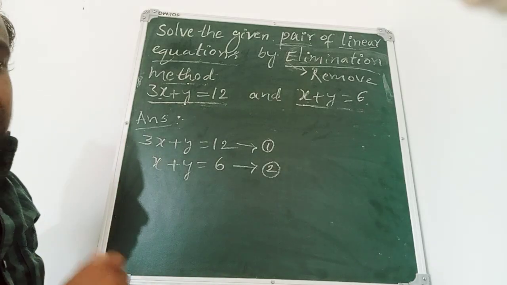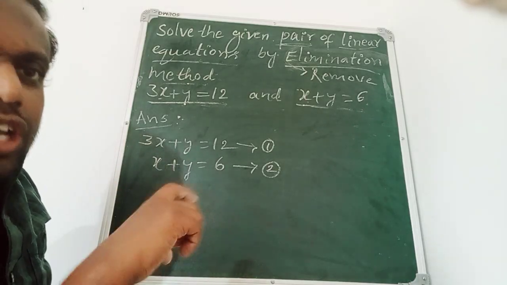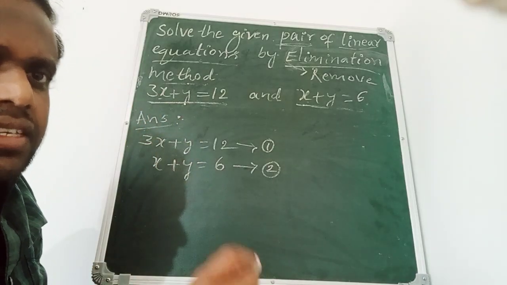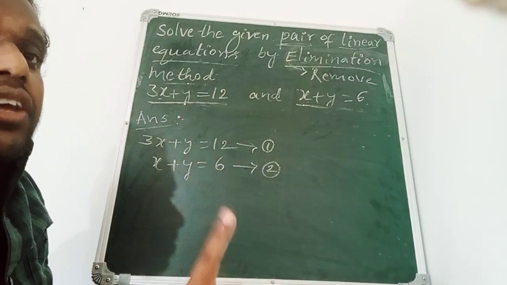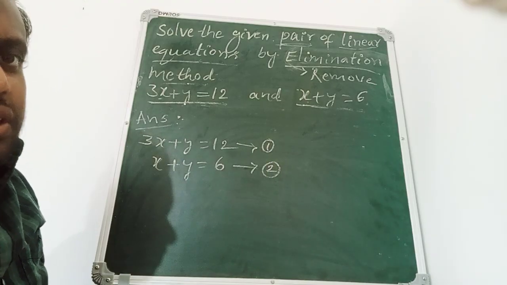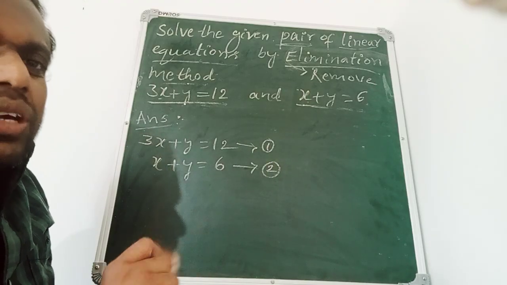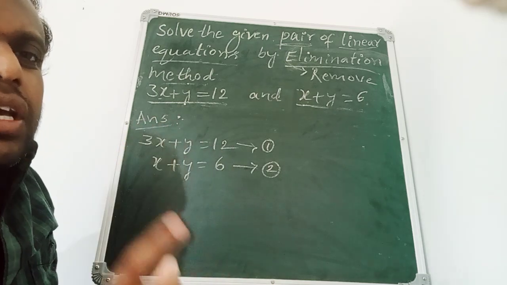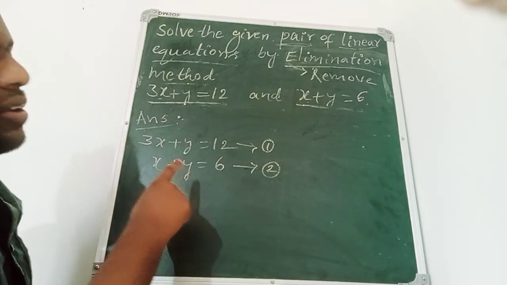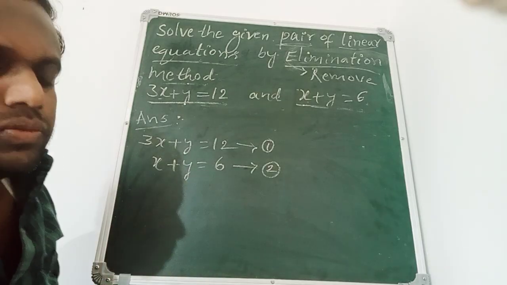Or I can say we have to remove any one variable, either x or y, first, then find the value of the remaining variable. So that is the elimination method. Either x or y you can remove.